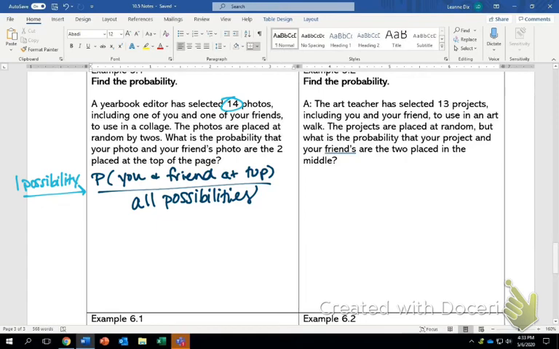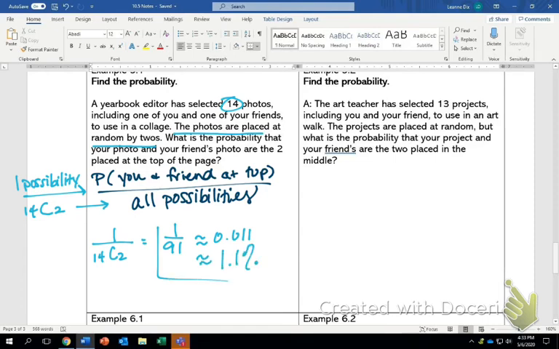So again, it's going to be 14C2, because it's combination, order doesn't matter, because we have a total of 14 photos, and they're pulling 2 at a time. So this is going to be 1 over 14C2, which is the same thing as 1 over 91. If I plug this in my calculator, it's approximately 0.011 or 1.1%.